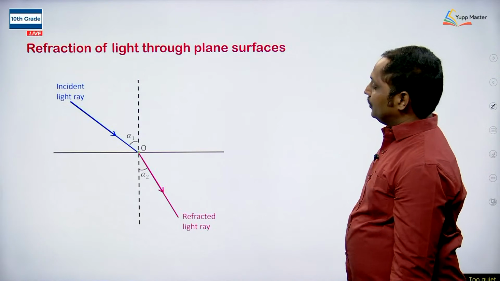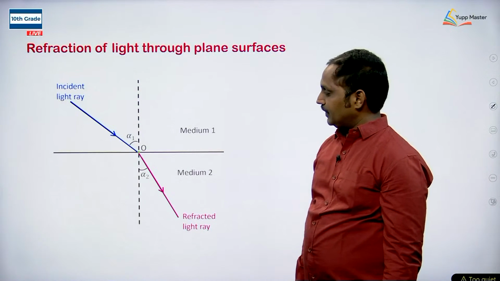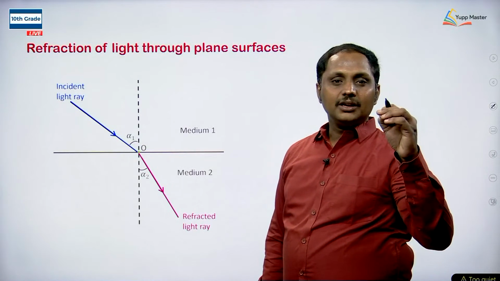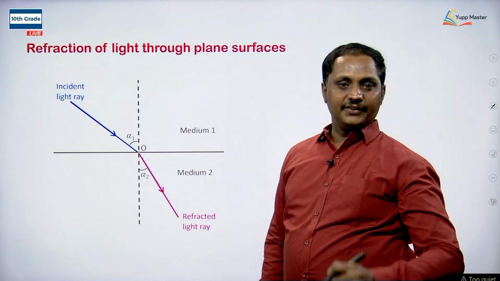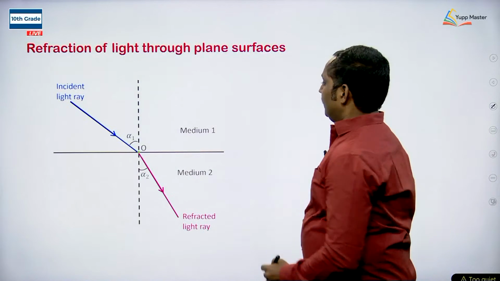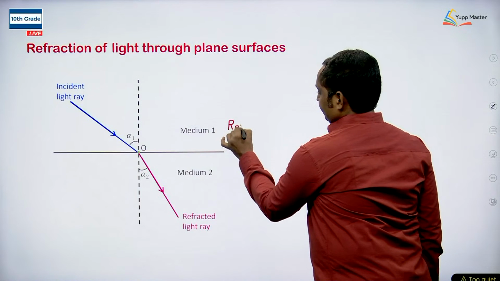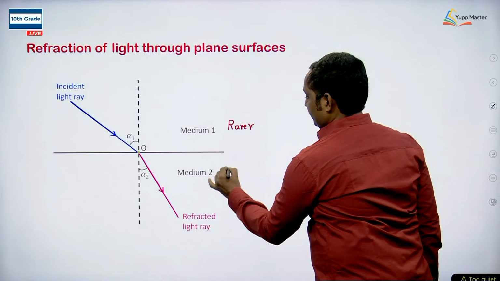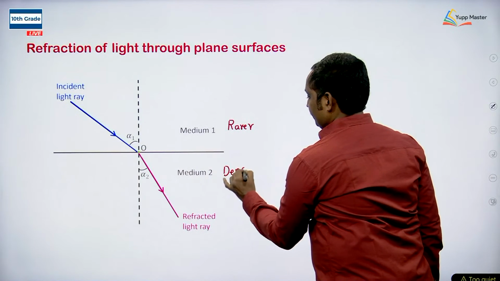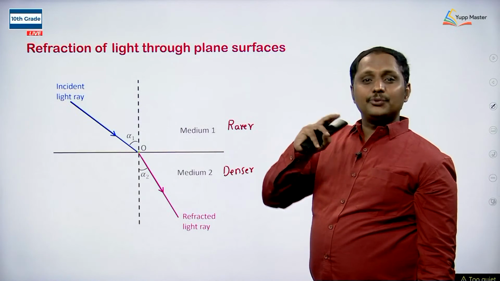Suppose this is medium 1 and this is medium 2. Have you seen light enter from a rarer to a denser medium? This medium is the rarer medium and this is the denser medium. Suppose light enters from denser to rarer, what happened?